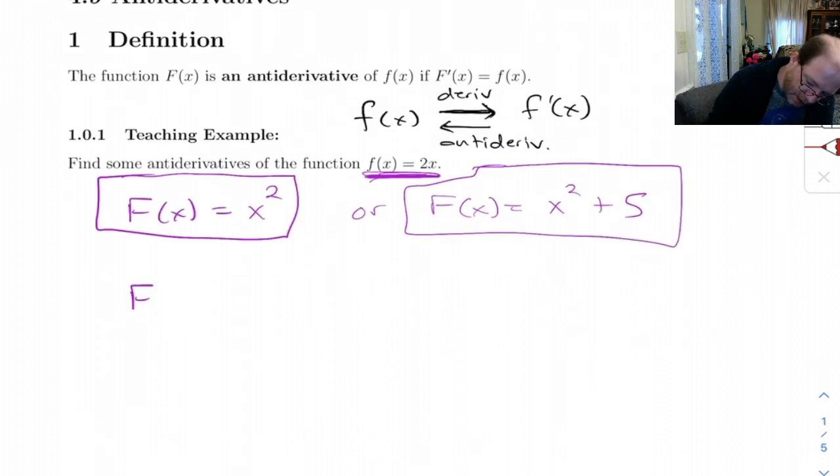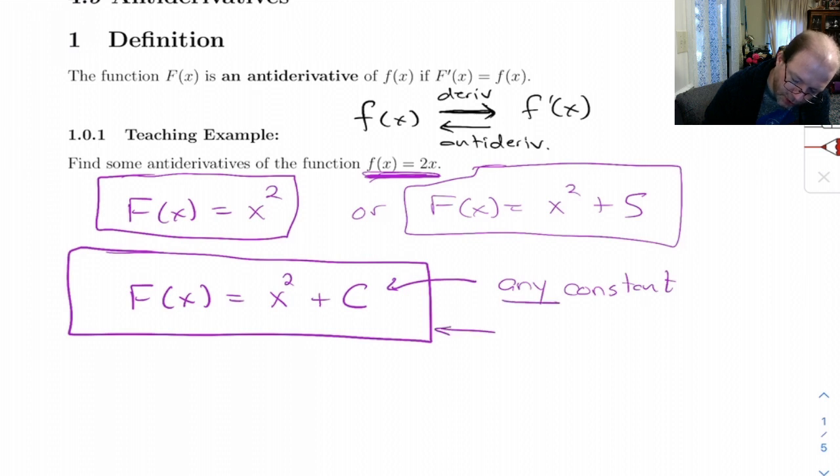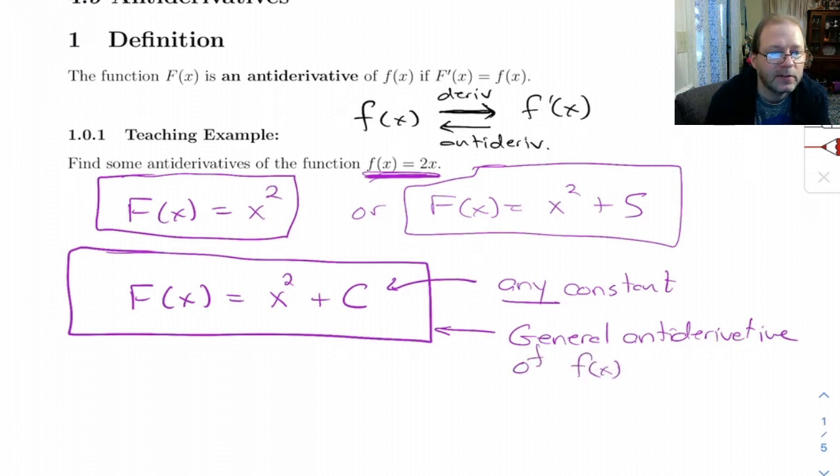We could say f of x is equal to x squared plus capital C. If I write it like this, the capital C is any constant, and this thing is called the general antiderivative of f of x. General because this categorizes all of them.